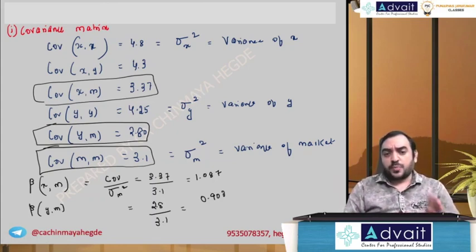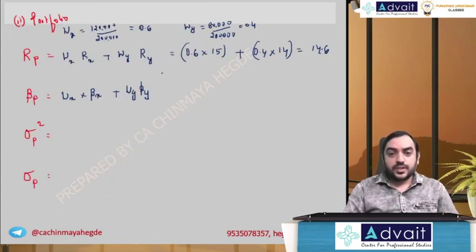So let's go further. Hope you have taken down till here. 1.087, 0.903. Okay. So the weights are 0.6 and 0.4.